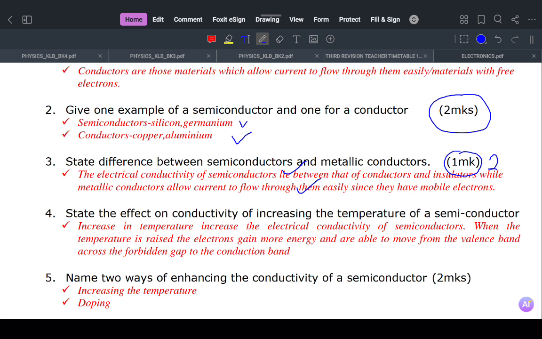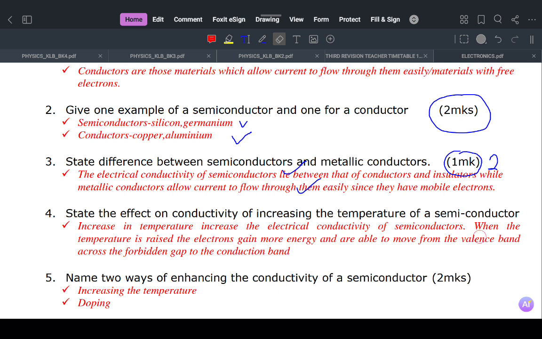So the question is asking you to say what will be the effect. So an increase in temperature will increase the electrical conductivity of the semiconductor. Why?